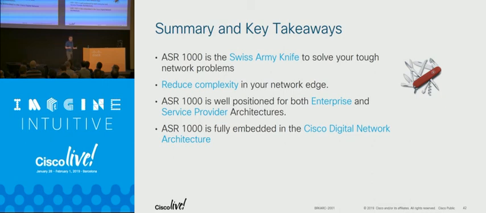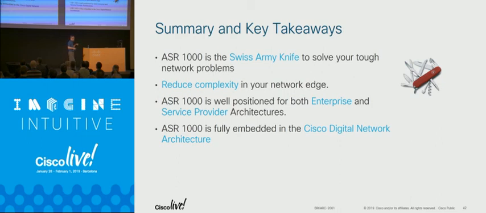So the ASR 1000 is very well positioned in both enterprise and service provider. We talked about the different solutions in enterprise with XE SD-WAN. We talked about the different use cases we have in service provider: segment routing, Ethernet VPN, and so on and so forth. So the ASR 1000 is fully embedded into the Cisco Digital Network Architecture.